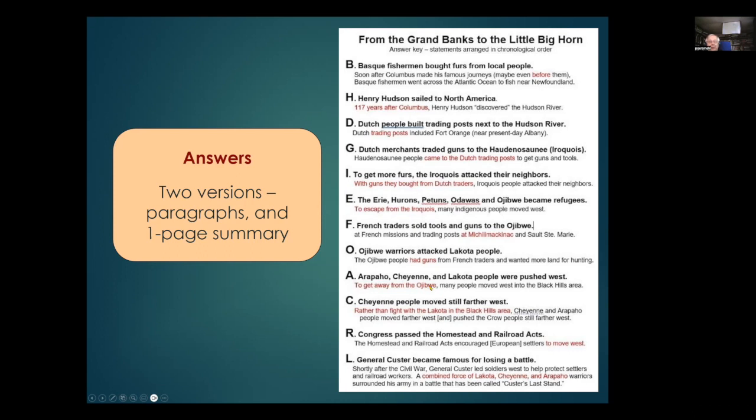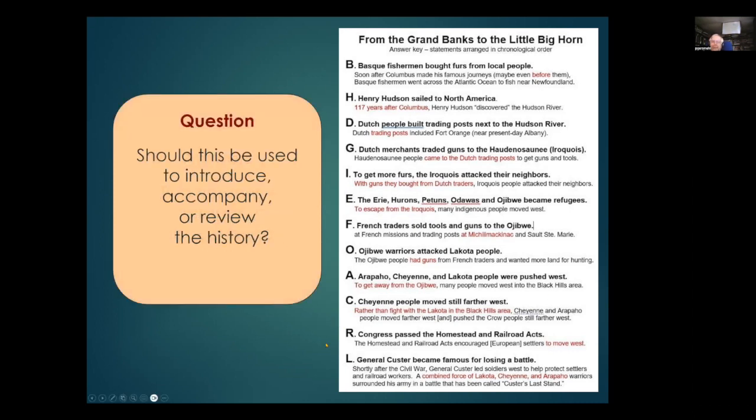And when Ojibwe people were pushed out of eastern Canada into the Wisconsin, Minnesota area, they pushed the Arapaho and the Cheyenne further west, which winds up with a real kind of awkward political situation, especially for us people that were in Minnesota, where I used to teach, because the Lakota were claiming that the Black Hills were sacred to them somehow, that they'd been put in that place forever, when in fact the Lakota had only been in the Black Hills for about 40 years. They actually lived in the Red River Valley of Minnesota first.